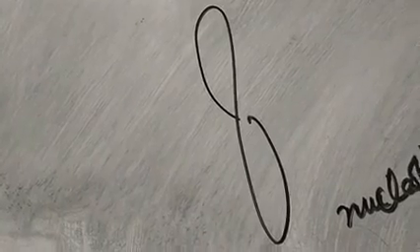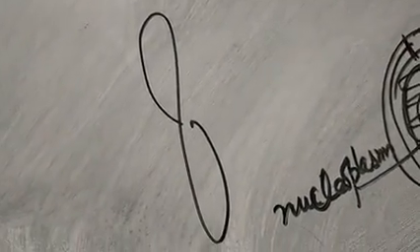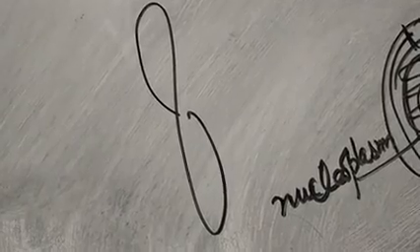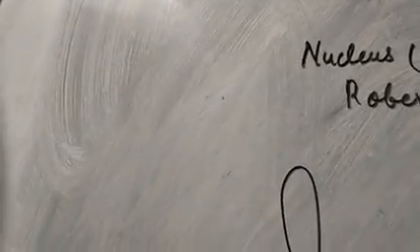A single human cell has approximately a 2 meter long thread of DNA. That means there are 23 pairs of chromosomes. Now let's talk about the chromosome. There is a primary constriction which we call the centromere, on the sides of which a disc-shaped structure called the kinetochore is present.